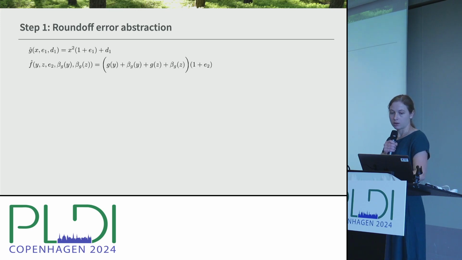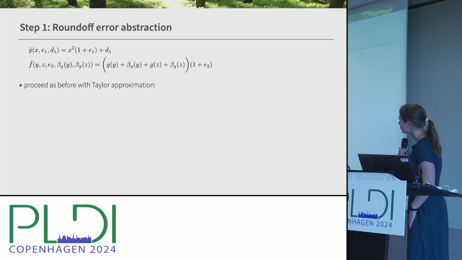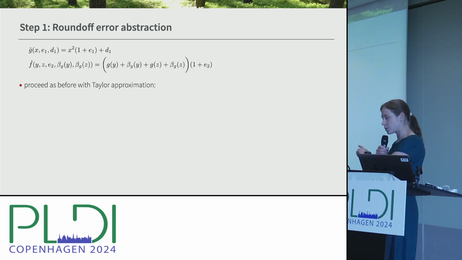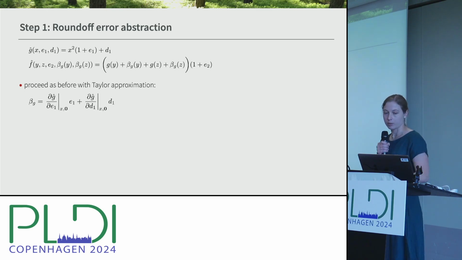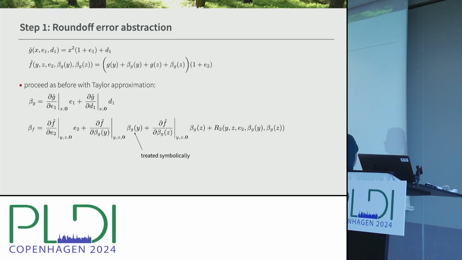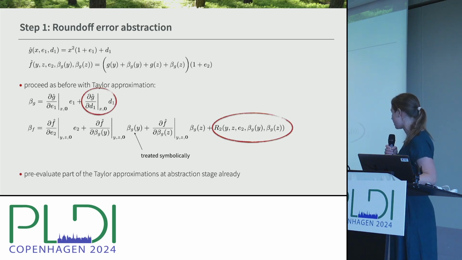All right, so once we have this abstraction, we will proceed as before with the Taylor approximation. So we will compute the derivatives with respect to the error variables, but now we will also compute the derivatives with respect to the error variables associated with the function calls. They're errors as well, so we do the same thing there, and we treat them symbolically here.